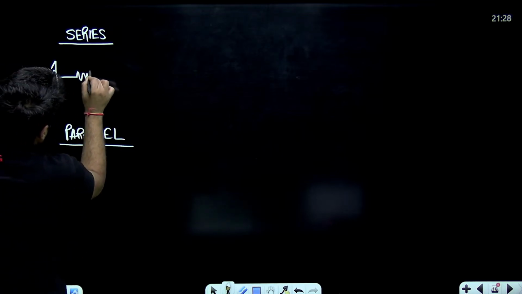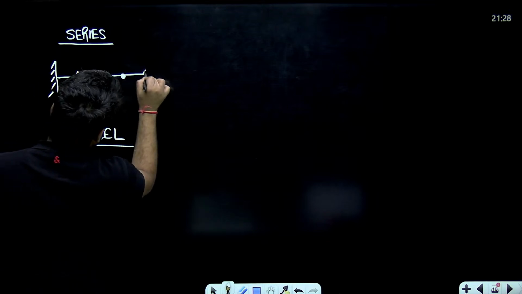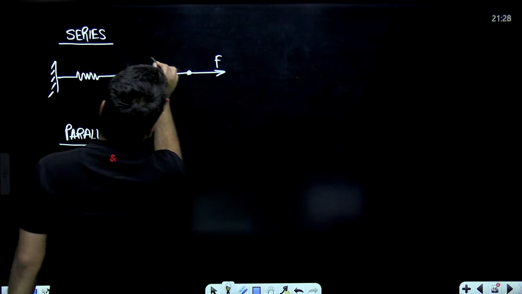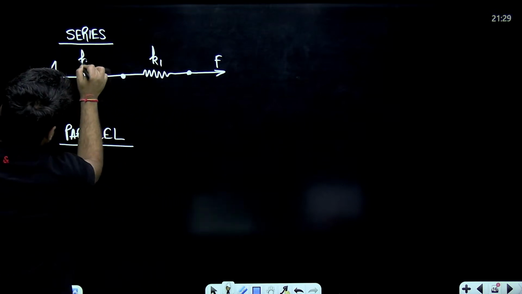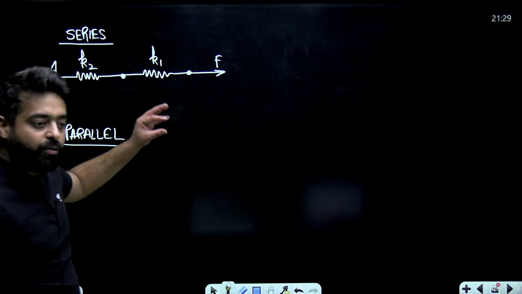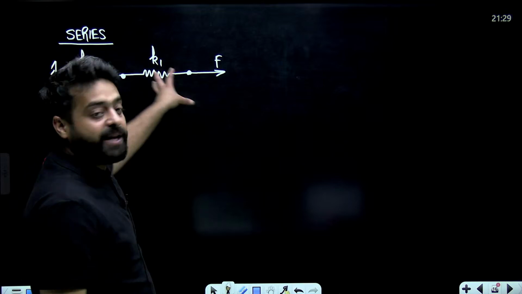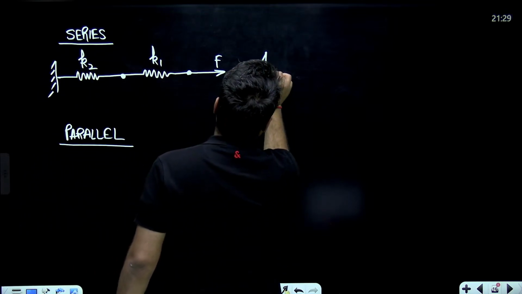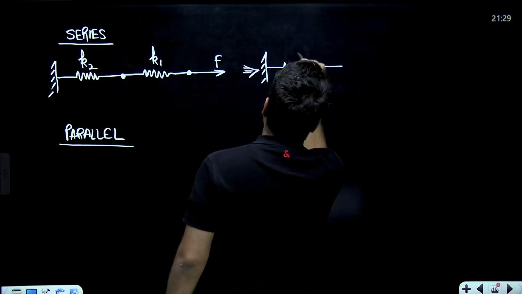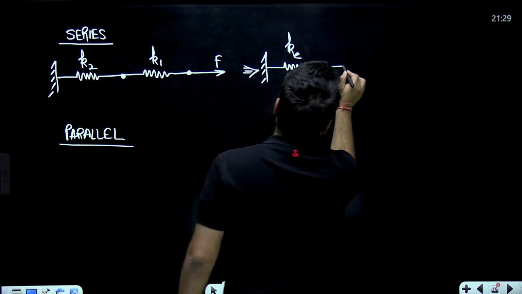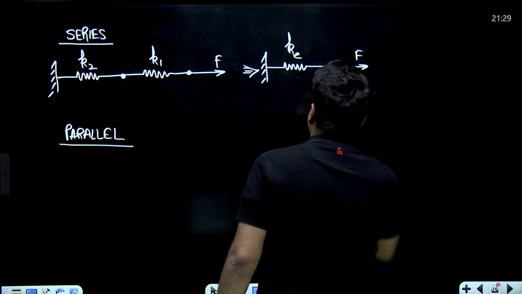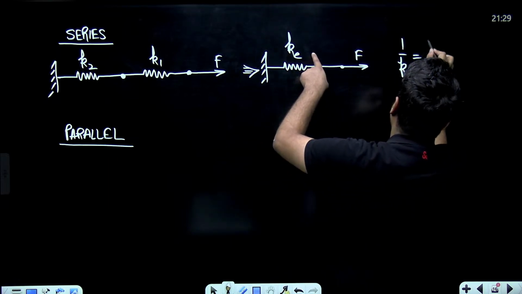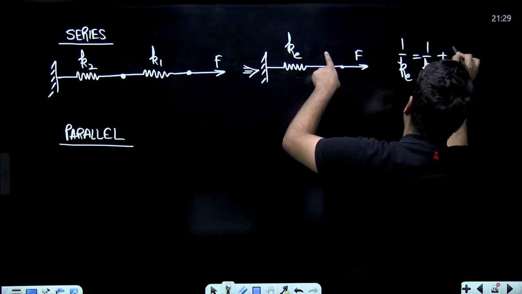If you put two springs in series, let's suppose this is K1 and this is K2, and then you apply any force F, and you want to understand what happens when two springs are attached, can you convert it into one spring of some K equivalent stiffness in which the force F is applied? Yes, I can do that, and 1 by K equivalent is equal to 1 by K1 plus 1 by K2.